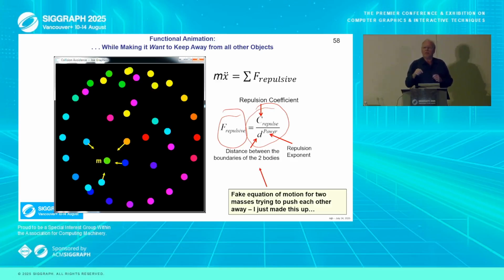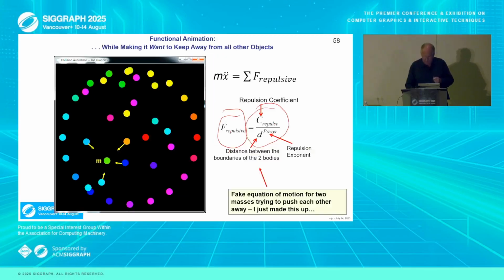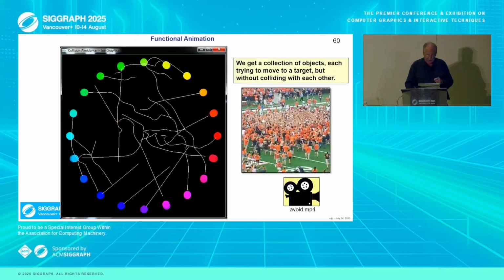It increased the repulsive force, the pushing away force, the closer two objects, two people, were together. This was just kind of pulling some equations out of the air. But when you combine them, the 'I want to go here' with the 'but I can't hit anybody', you get something that looks like this.